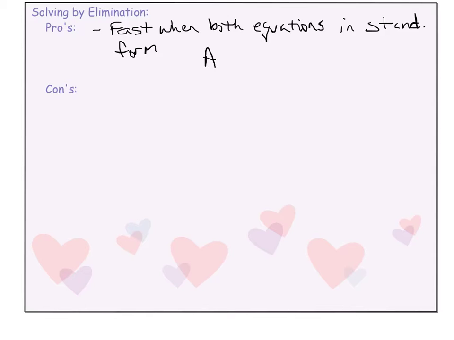So it looks something like ax plus by equals c. When it looks like this, it can be simpler than substitution. Okay? It's also fast when you have this and you have coefficients that are multiples of each other.